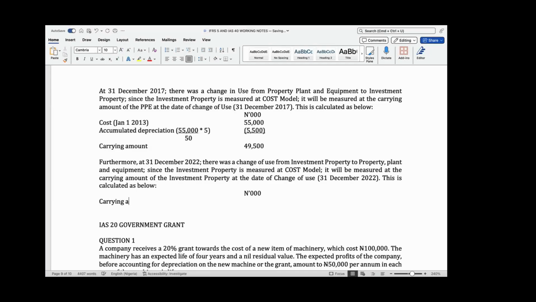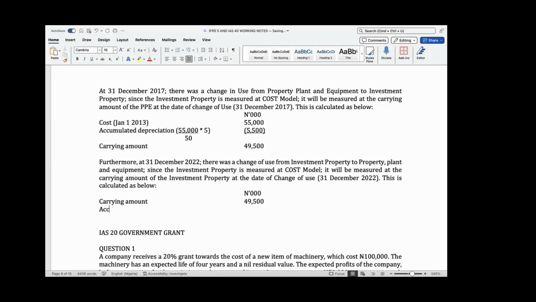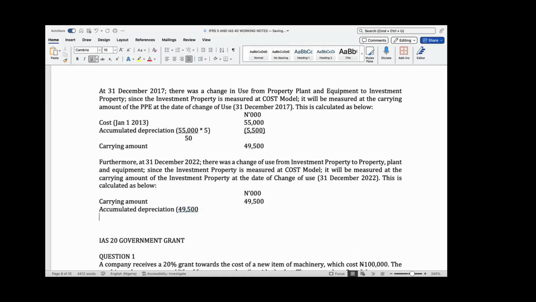What was the carrying amount from the last change of use? 49.5. Accumulated depreciation, which is last value divided by what now? What was the remaining useful life at that date?